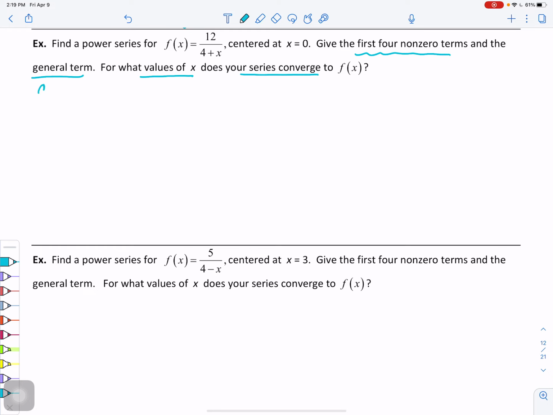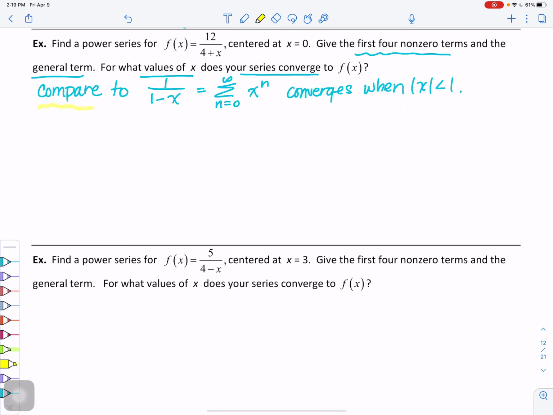Well, remember, everything is going to be compared to 1 over 1 minus x is equal to the sum n equals 0 to infinity of x to the n. And remember, this series converges when the absolute value of x is less than 1. So everything we are doing, we are going to be comparing to this series, okay?